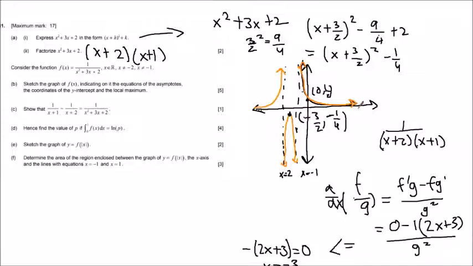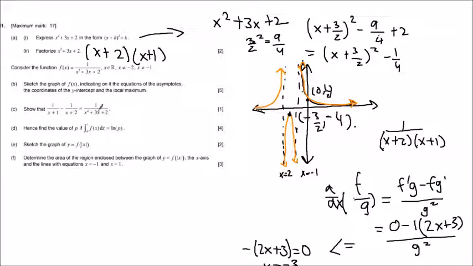Wait, is it? No, it would not be minus 1 over 4, I'm sorry. Put minus 3 over 2 in here: minus 3 over 2 plus 2 is 1/2, and minus 3 over 2 plus 1 is minus 1/2. So that's minus 1 over 4, so that would actually be minus 4. Minus 4 is our local maximum.